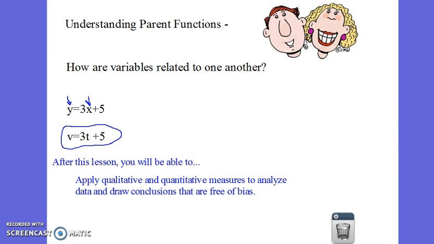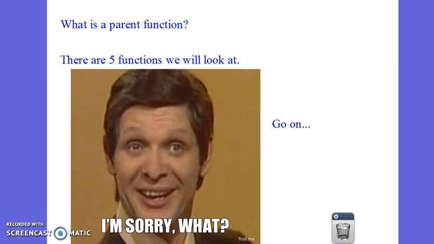Now, your Tennessee State Standard, and the purpose of this lesson, is we need to be able to apply qualitative and quantitative measures to analyze data and draw conclusions that are free of bias. Again, we're going to be using parent functions, or the most basic functions, to determine the relationship between variables.